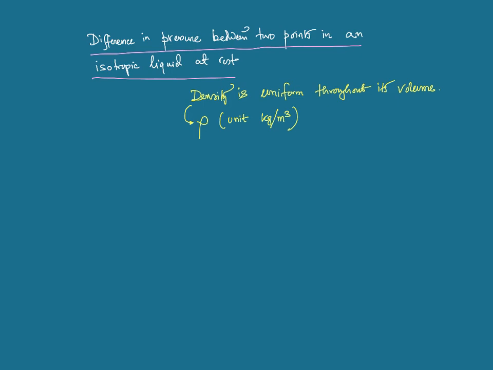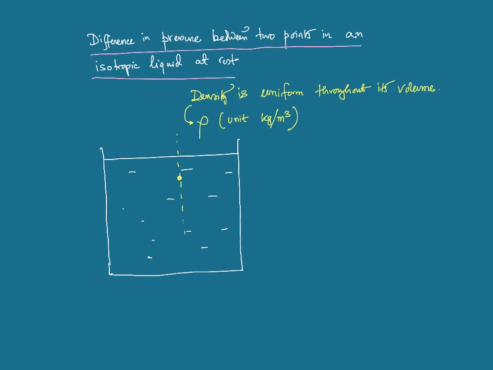So consider the isotropic liquid in a vessel, and let's consider 2 points here. In the same vertical line, consider 2 points, say A and B.